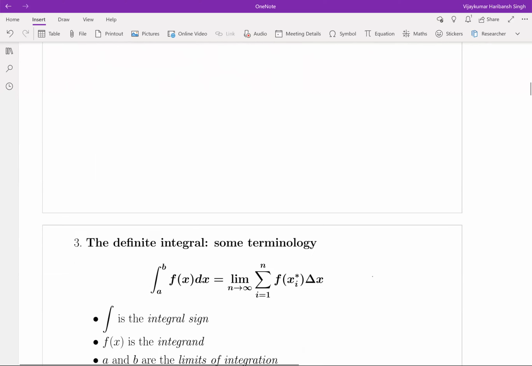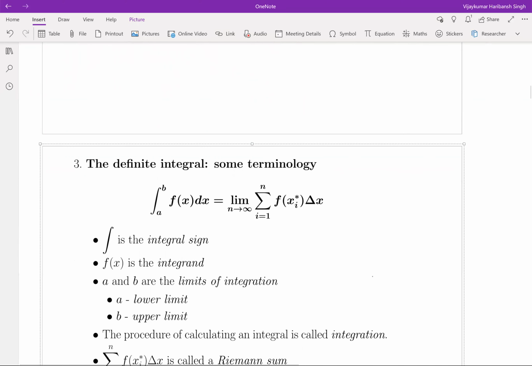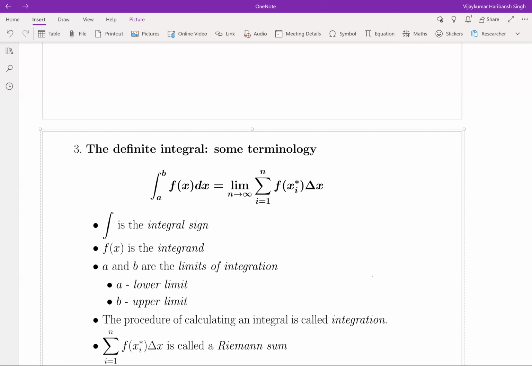So let's just write down the terminologies. This is a definite integral a to b f of x dx. Here, this curly s sign is called the integral sign. The f of x is the function you are integrating, so you call it the integrand. A and b are called limits of integration.